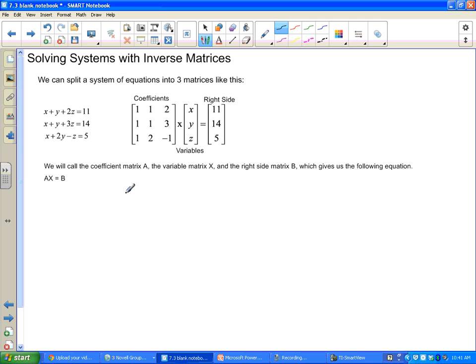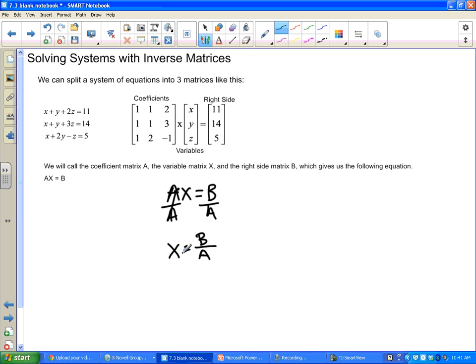Now, what we can do then is we can call a coefficient matrix A, the variable matrix X, the right side matrix B, which gives us this equation AX equals B. Now, if I literally just had an equation AX equals B where I was saying A and B are numbers, what would I do to solve that equation for X? I would divide by A on both sides. And I would get B divided by A, whatever that is, for whatever my situation is.